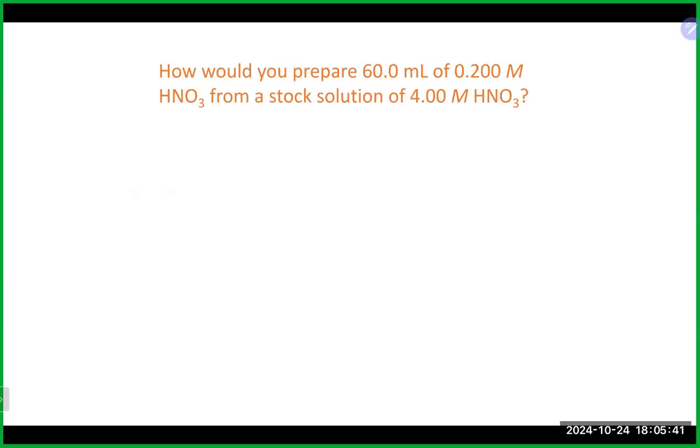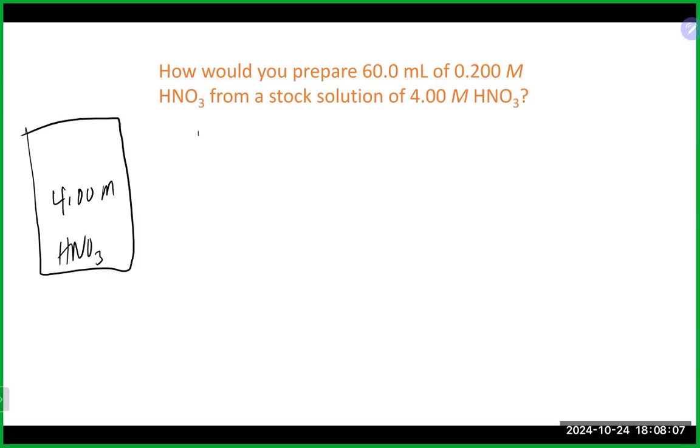All right, so why don't you try this one here? How would you prepare 60 milliliters of a 0.2 molar nitric acid solution from a 4 molar nitric acid solution? So basically what we got going on here is we have a bottle sitting here that is 4 molar nitric acid.